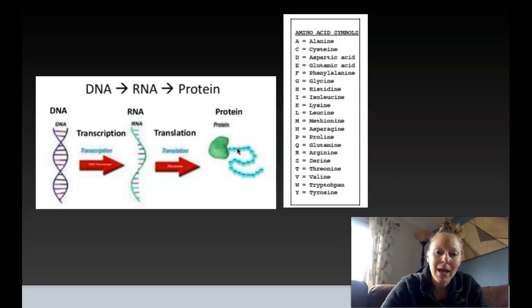We're looking at the numbers of differences in the amino acid sequence of the cytochrome C to see how closely related these organisms are. If there are lots of differences in the amino acid sequence, that means there are lots of differences in the DNA. The more closely related we are to something, the more similar our DNA is, the more similar we have A's, T's, C's, and G's in the same order.